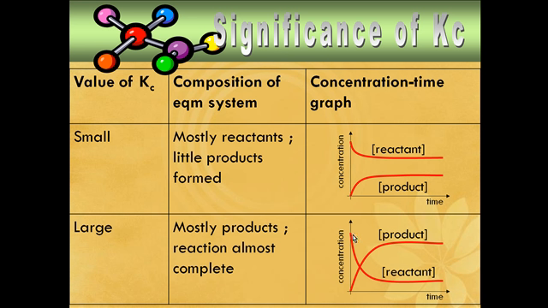And if you look at the concentration time graph over here, for the reactant there will be a huge dip, and then there will be a huge increase in the concentration of the product because the reaction goes almost to completion. Of course, since we are dealing with an equilibrium system, after a while, the amount of product and reactant reaches a constant.